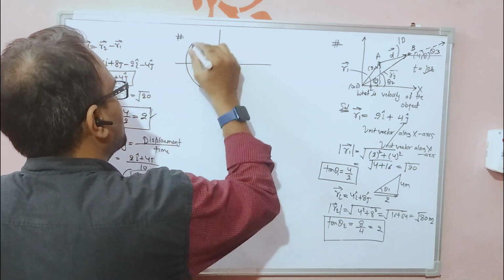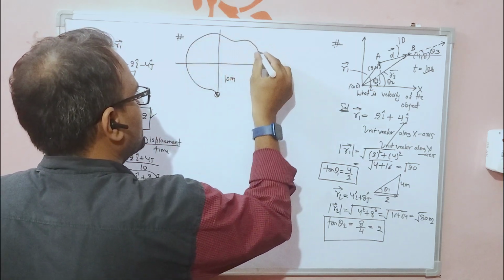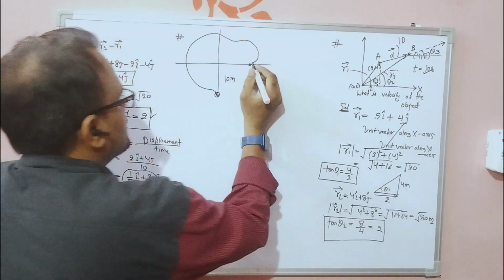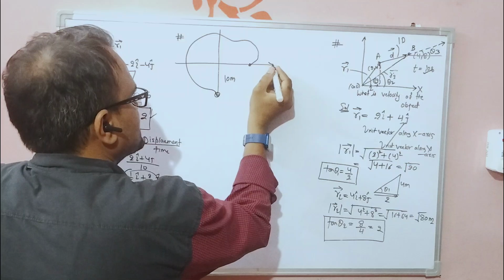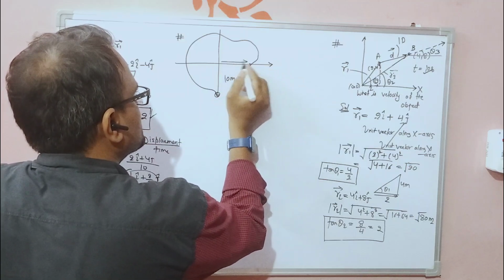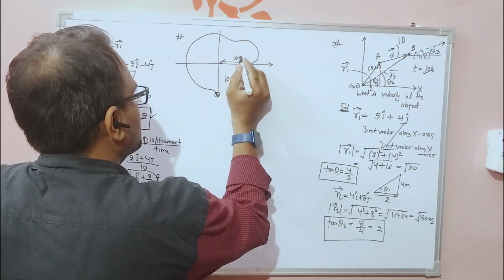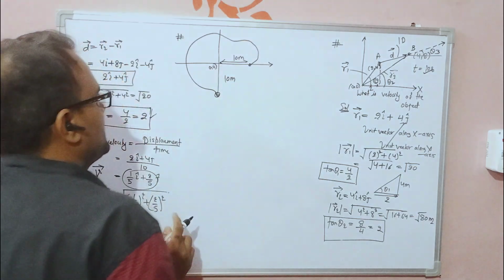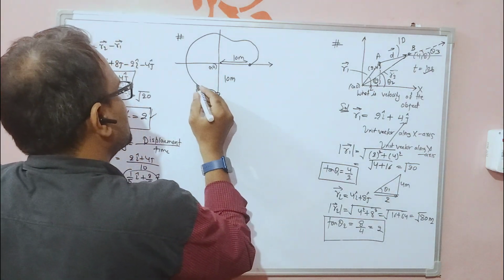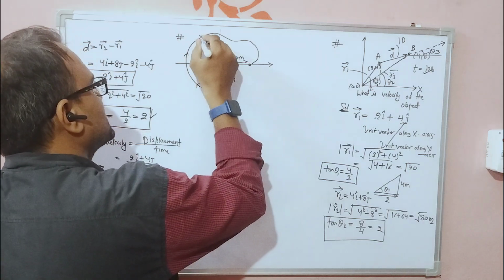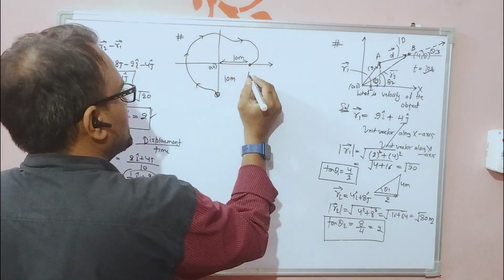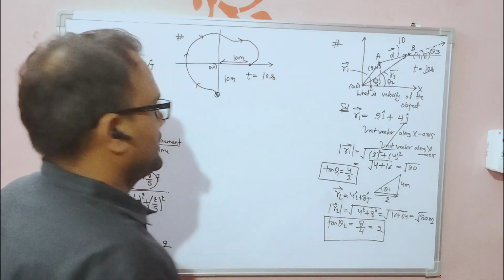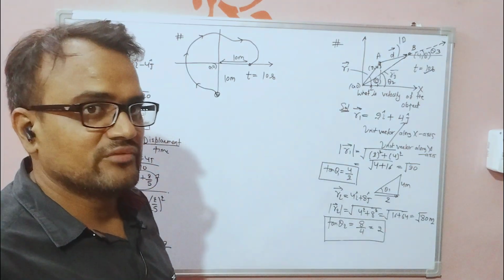It starts from here, and after traveling this much path length, it stops here. This is a point on the x-axis, and let's assume it is also 10 meters from the origin. It is also given that the object moves with constant speed, and the time taken is 10 seconds. Now the question is, what is the average velocity?